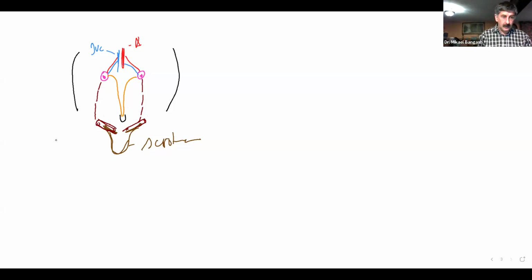But we can mainly say all these structures here, let's choose another color, all these structures here are going to pass down through that inguinal canal into the testes. Oh, sorry, into the scrotum.